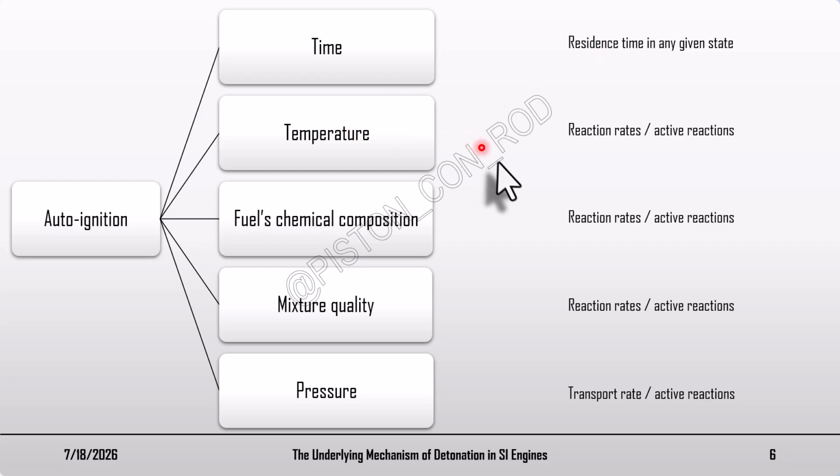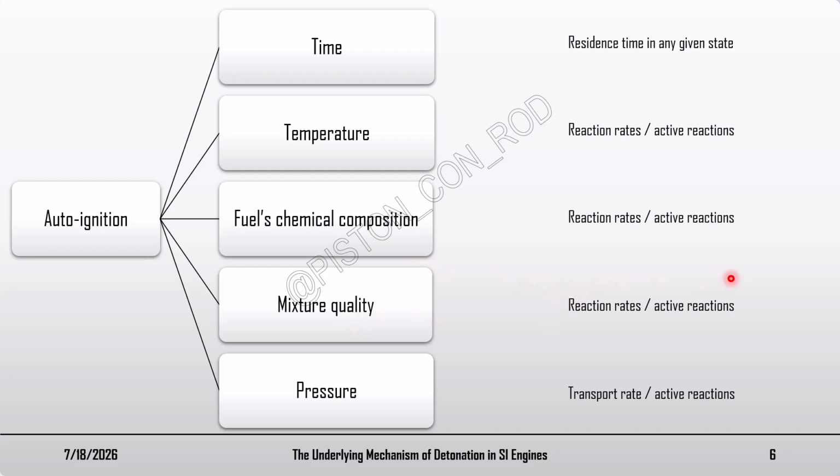The temperature, it acts on reaction rates and active reactions. It tells us which reactions are active and at which rate they are active. Fuel's chemical composition also acts like temperature. It will affect reaction rates and active reactions. The mixture quality, by mixture quality I mean mixture strength, like how lean or rich it is at each spot.